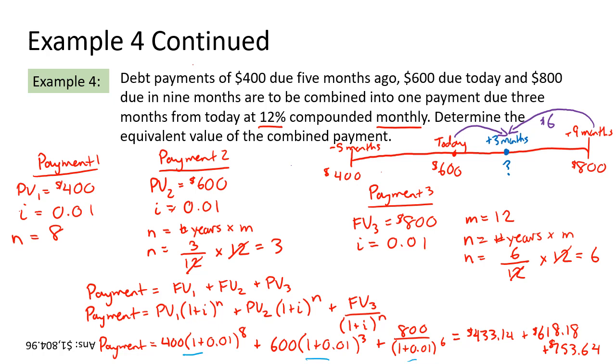So now you add all those together and you get what the payment would be 3 months from now. And I'm sorry, I'm running out of space. But if you do that, you get a total value of $1,804.96. So that is actually the amount you would have to pay in that period 3 months from now to pay off this whole debt.